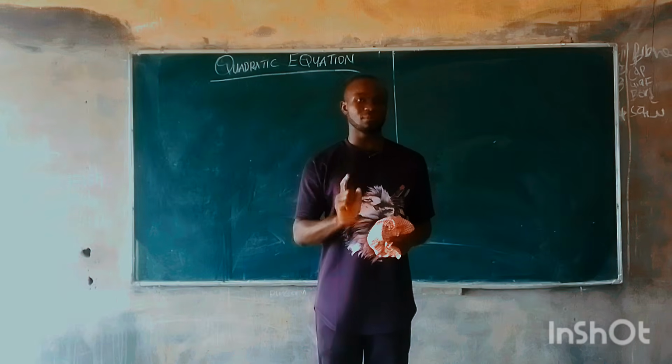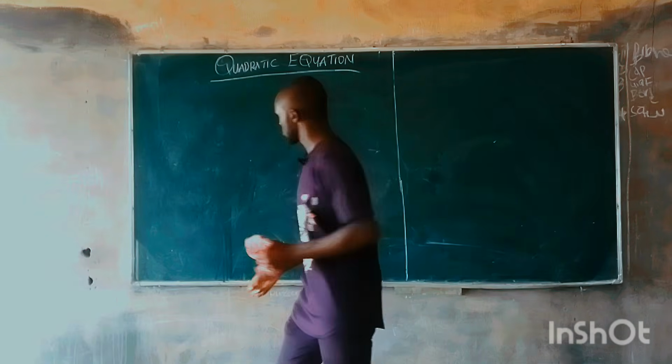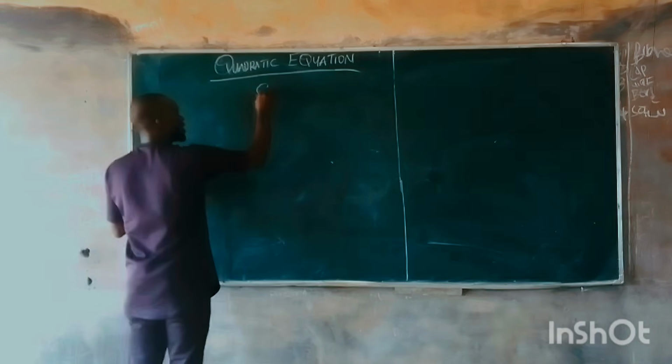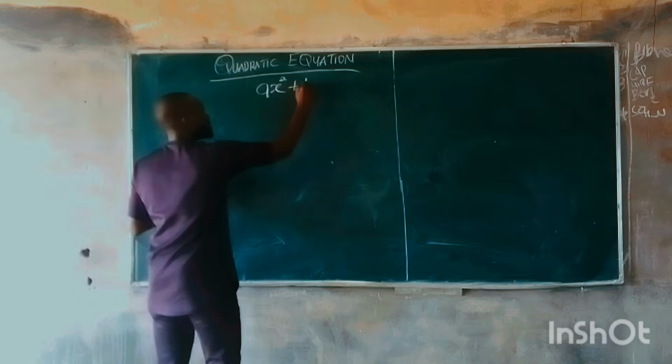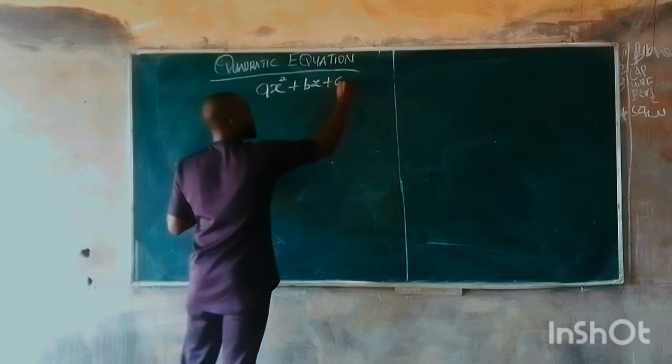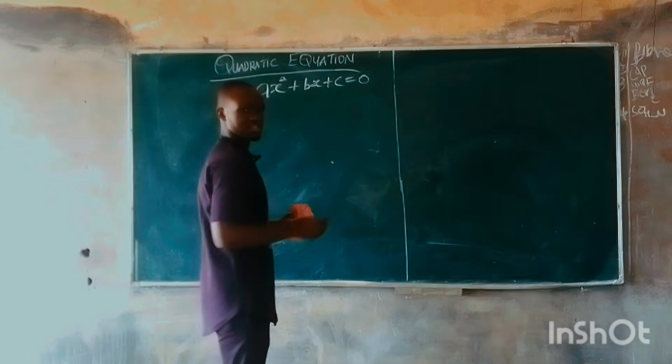Now let's look at the format of a quadratic equation: ax squared plus bx plus c is equal to 0.